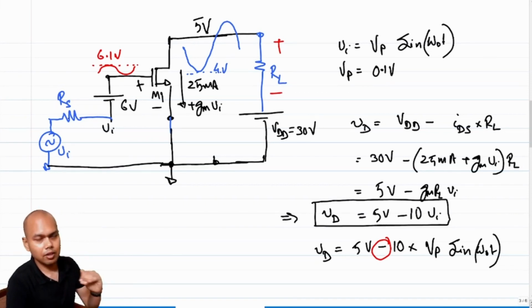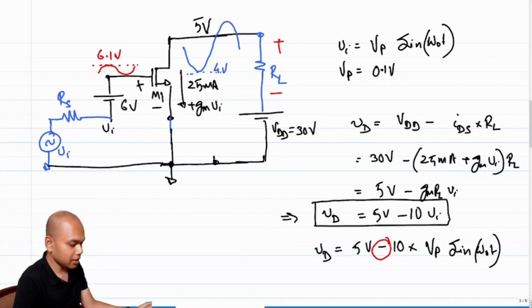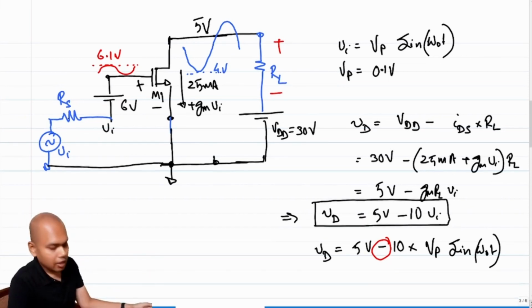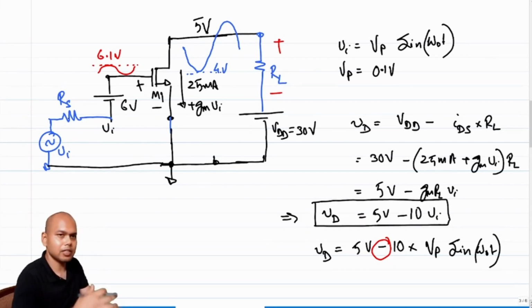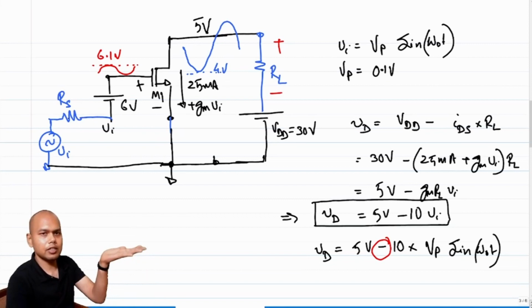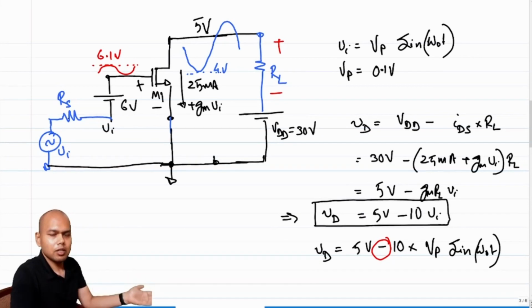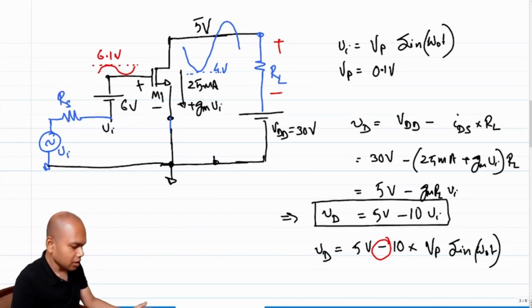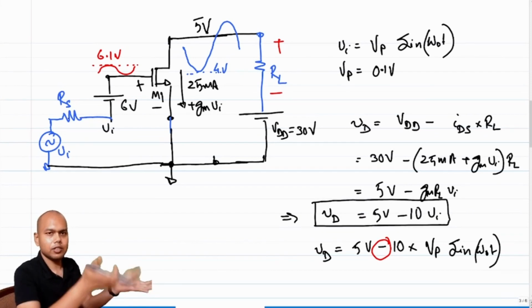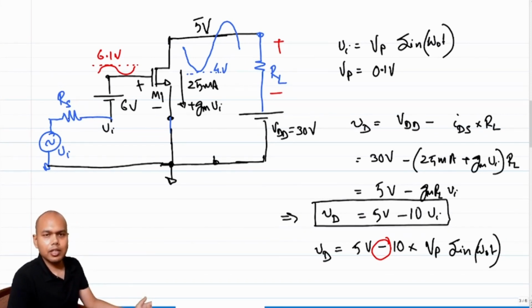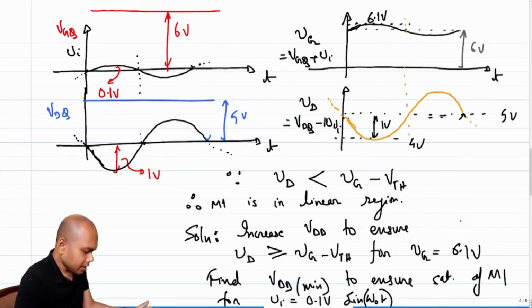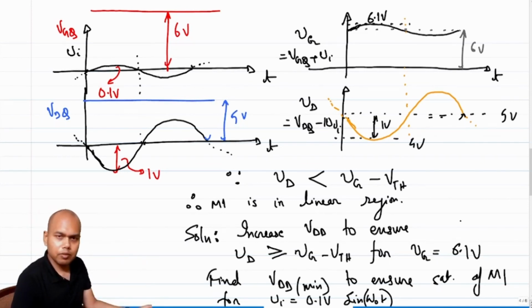If you bias the transistor at quiescent condition just at the edge of saturation, then as the signal swings, the drain voltage will also swing, and if the gate voltage increases, the drain voltage decreases, and the transistor goes closer and closer towards the linear region and away from saturation. So you need to keep some margin and ensure that under quiescent condition you don't bias your transistor just at the edge, right? And then we investigated what happens when the input goes down.